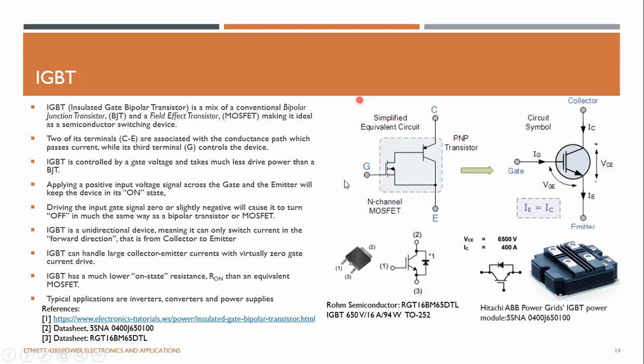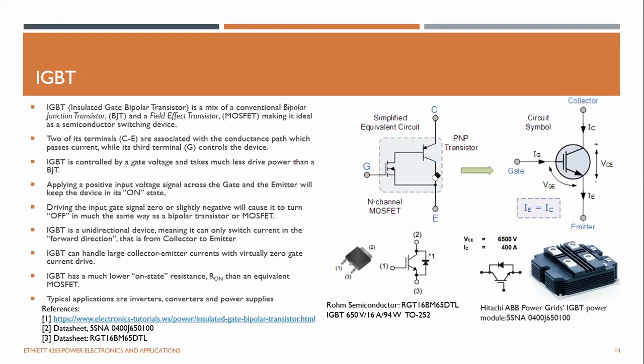So when your controller provides a voltage signal, the gate-source junction of this MOSFET is turned on, which drives a current here. That current will turn on the base-collector of this PNP transistor. Actually, this should be the emitter inside. So that drives a current, enabling a large current to flow through this transistor.